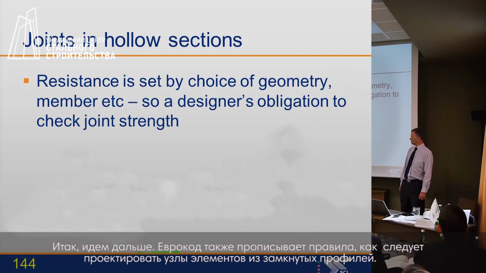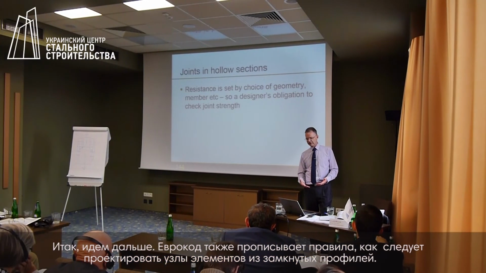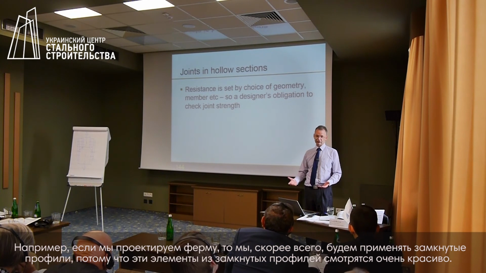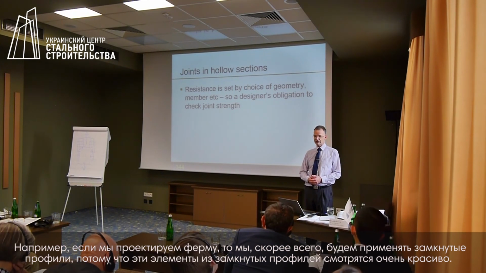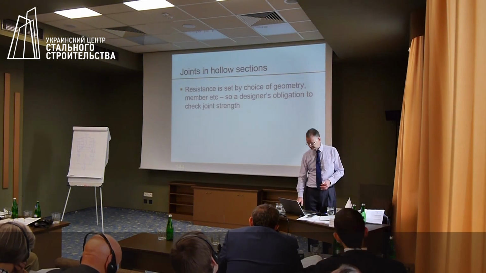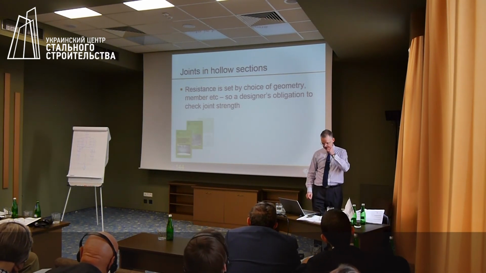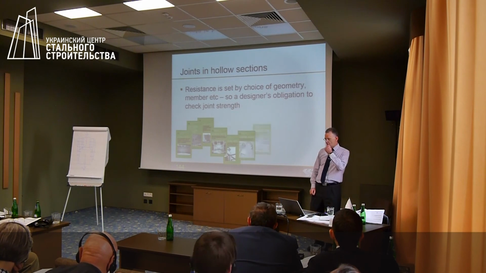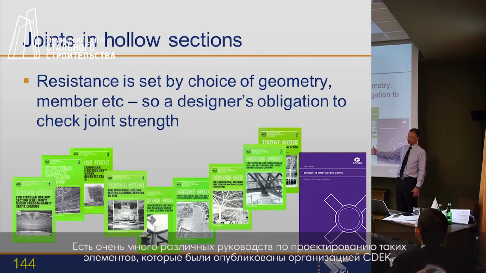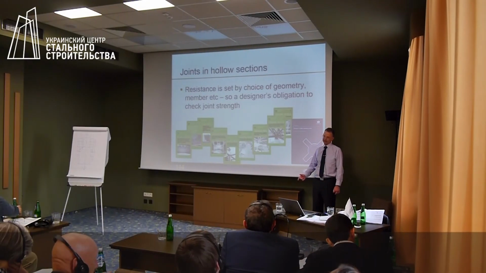So moving on, the Eurocode also tells us about when we connect hollow sections to hollow sections. So for example, if we were designing a truss, we might choose a hollow section because hollow sections look beautiful. There are lots of design guides published by an organisation called SIDECT.